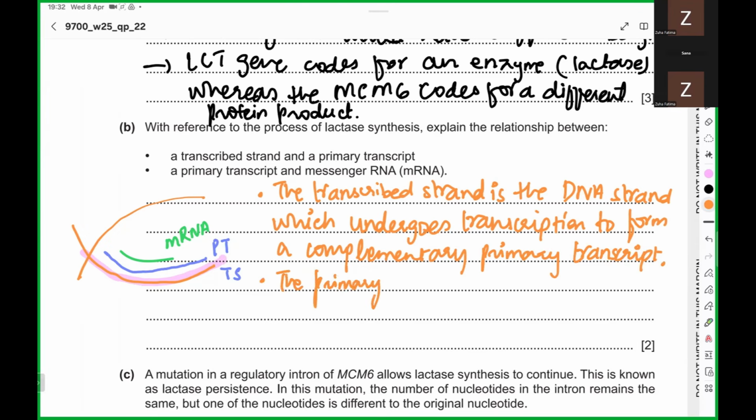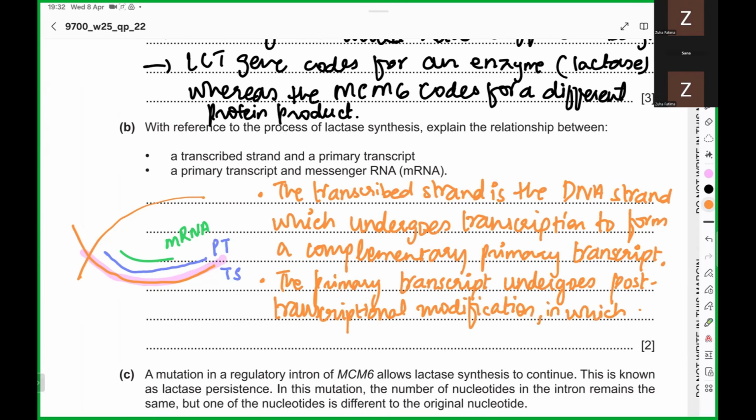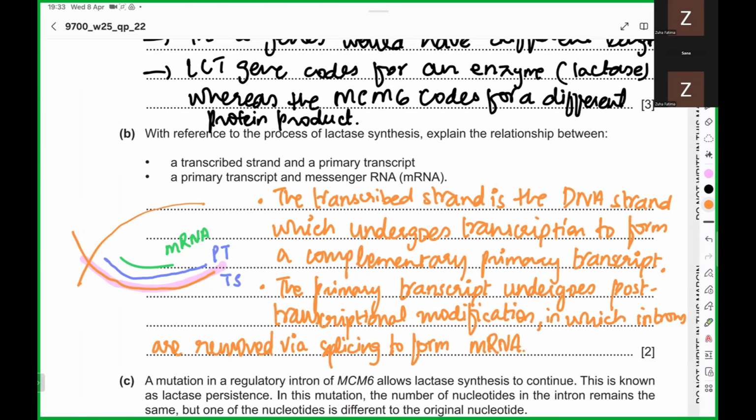The primary transcript undergoes post-transcriptional modification in which introns are removed via splicing to form mRNA. Clear? Any questions so far?